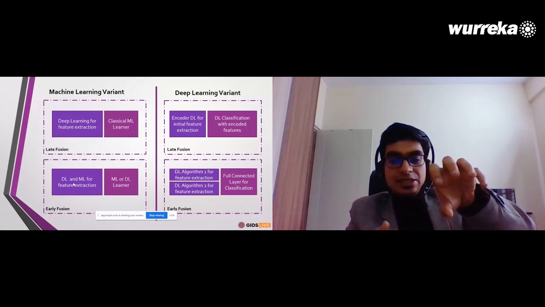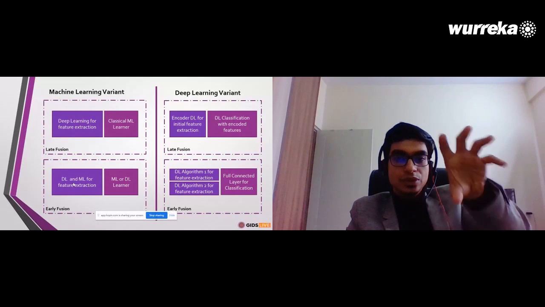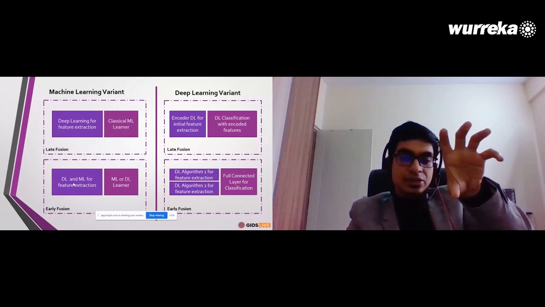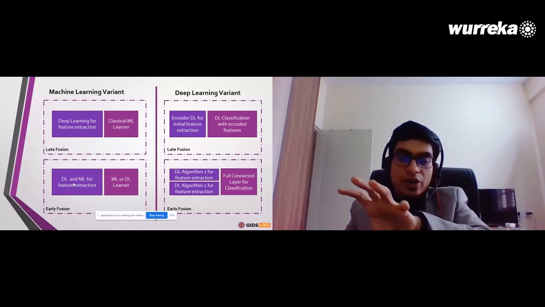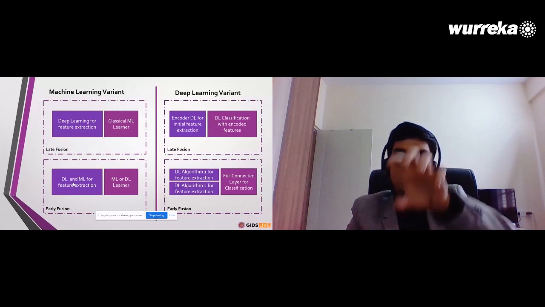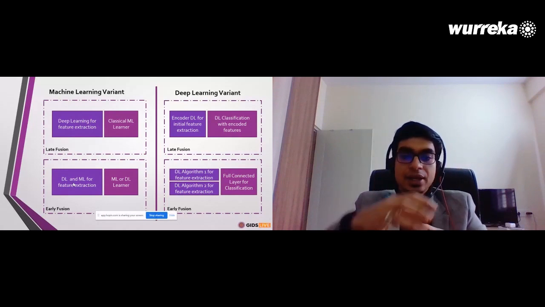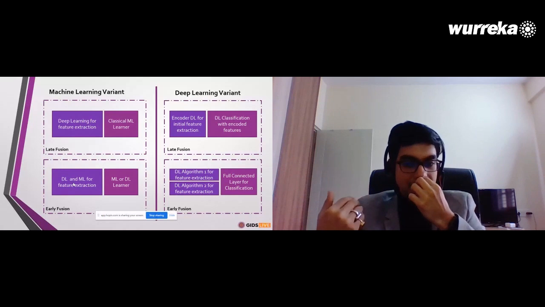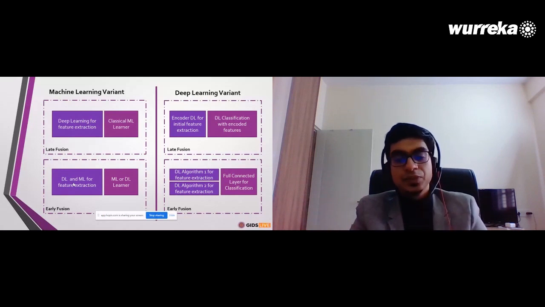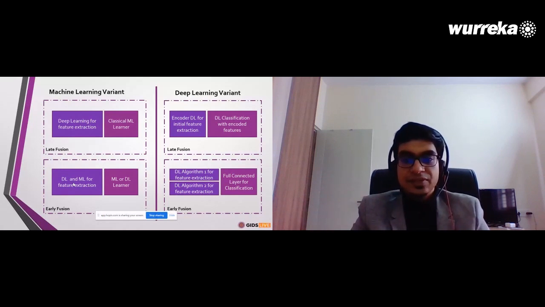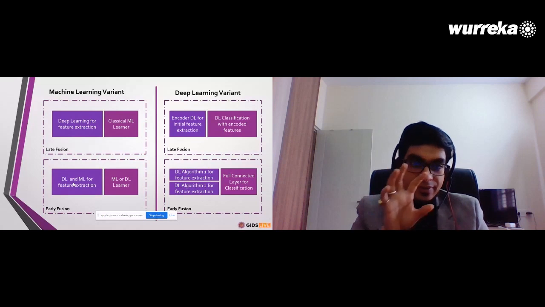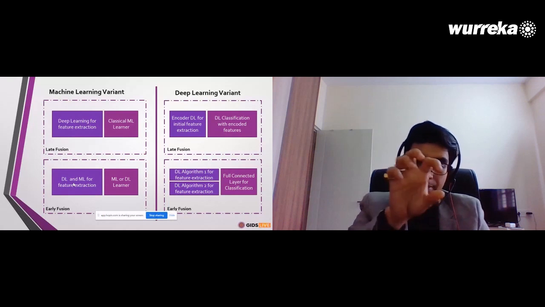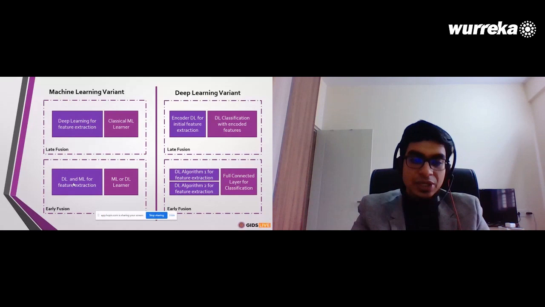So in such cases, a combination of both a deep learning algorithm and a machine learning algorithm is used for feature extraction. Once the combined features are obtained, they can be passed through any machine learning or deep learning learner for the final classification work. So that is one type of variant where we have both machine learning and deep learning algorithms, used as an early fusion method.